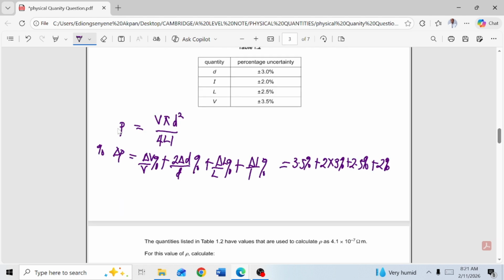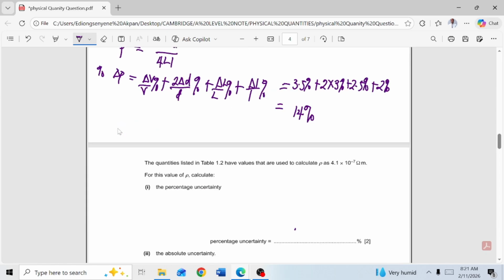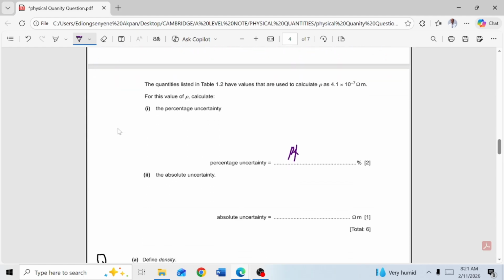Let's add everything together. This will give us 14%. You can write it here, 14%.